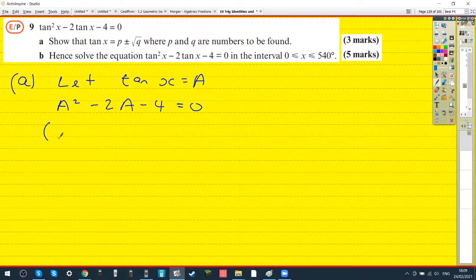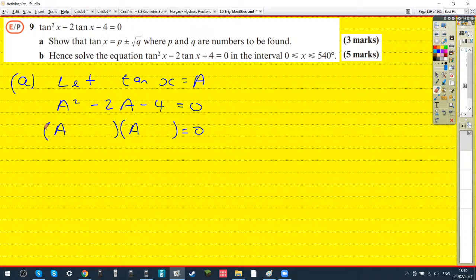Let's try factorizing it. Two numbers that multiply to make minus 4 and add to make minus 2. I can't think of anything.